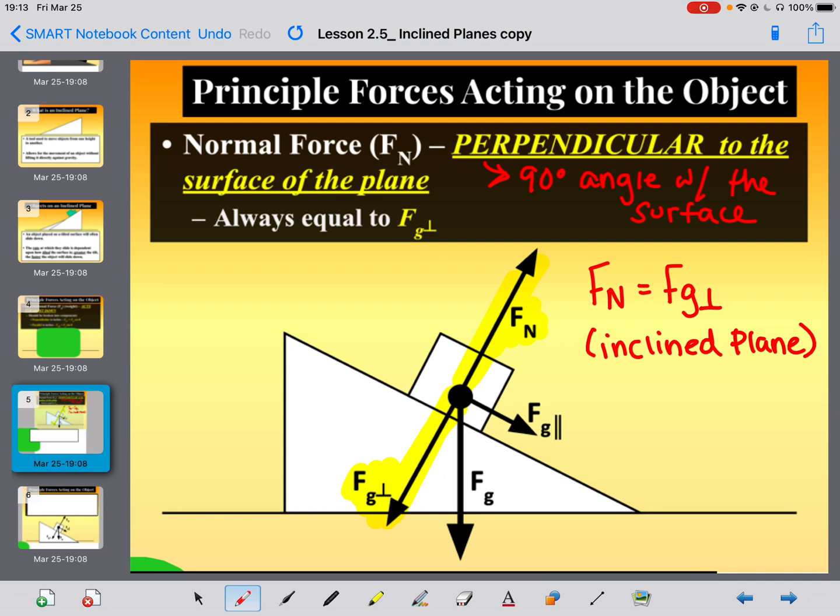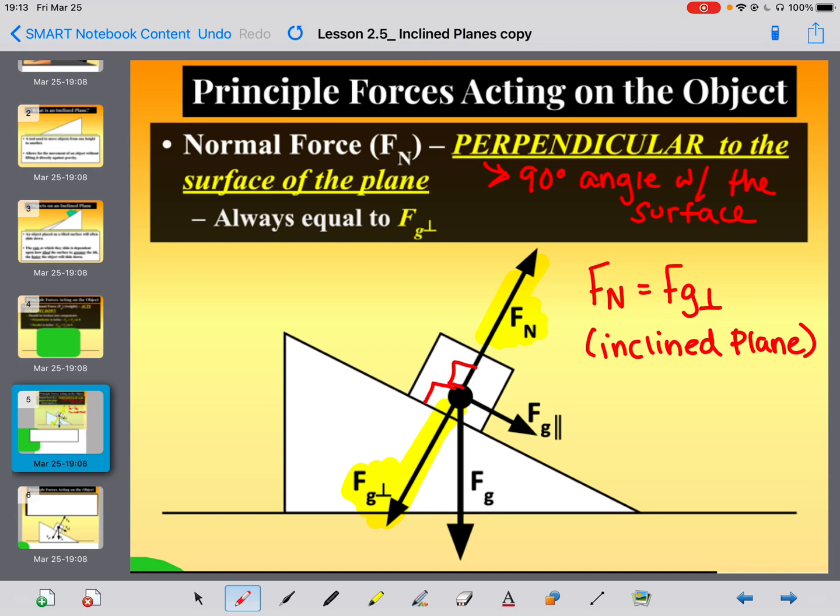If you notice, they're not quite pointing up anymore. Ooh, that's kind of a bad drawing. Hold on. We don't have a normal force that goes directly up like we used to, where it was opposite the force of gravity. That's because we are on an inclined plane, and so our normal force is always going to have some sort of tilt where it makes this 90-degree angle.